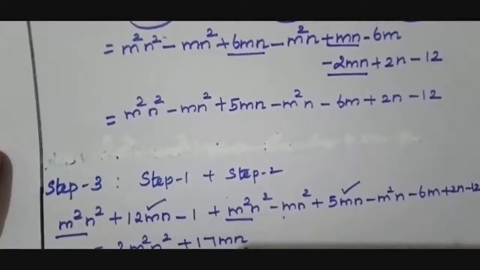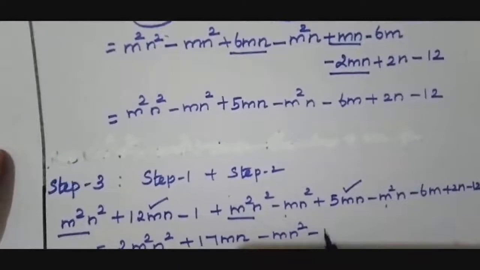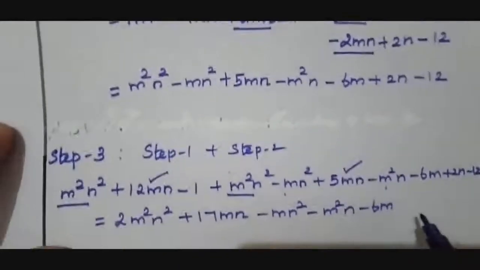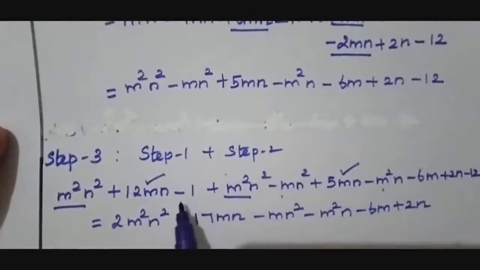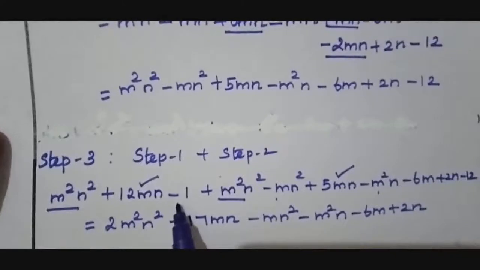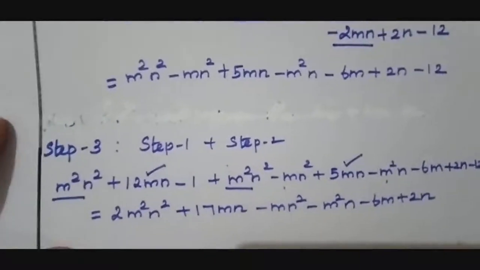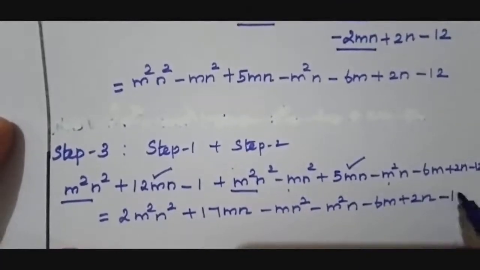Here it is minus m n square and this is minus m square n minus 6m plus 2n. Now here the constant terms are minus 1 and minus 12, which is equal to minus 13.